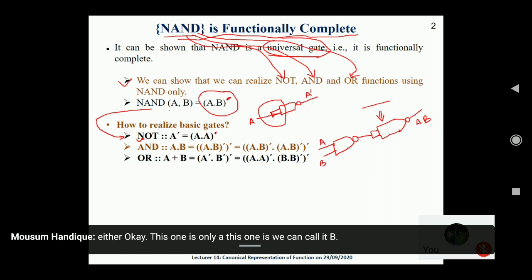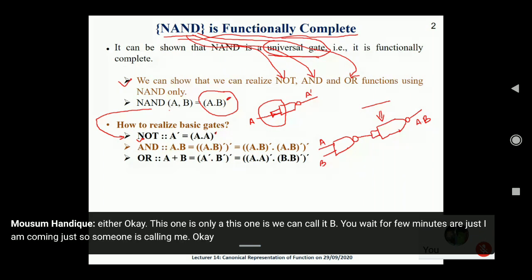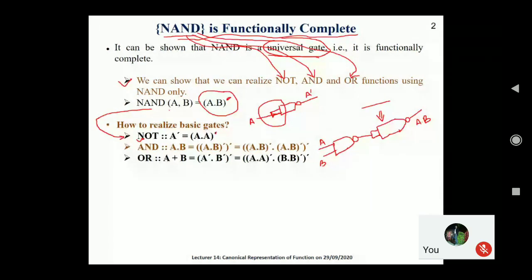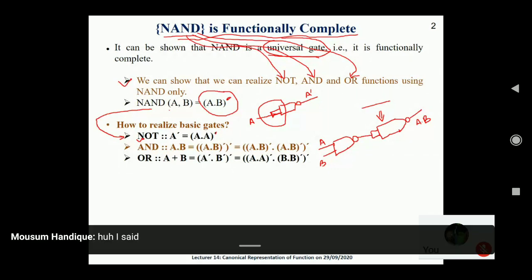You wait for a few minutes. I am coming, someone is calling me. Okay, you wait for a few minutes.